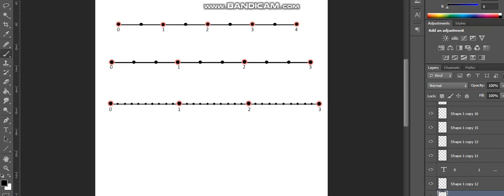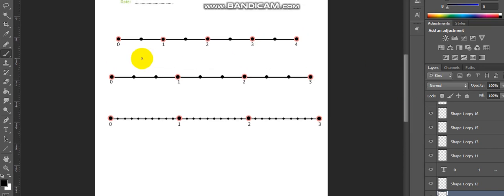Hello everyone, in this video we will be talking about mixed fractions and we'll be explaining what that is in just a second. So let's say I have this number line and I have my numbers 0, 1, 2, 3, 4 on that number line.